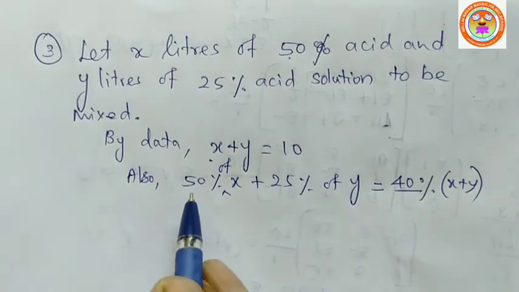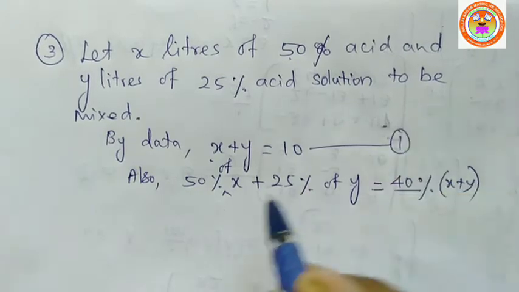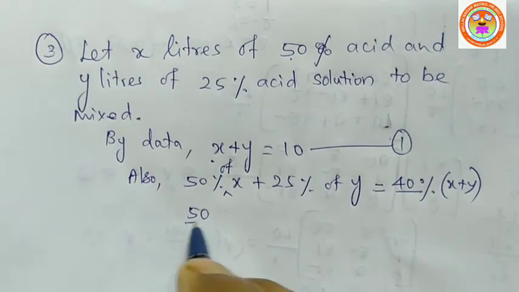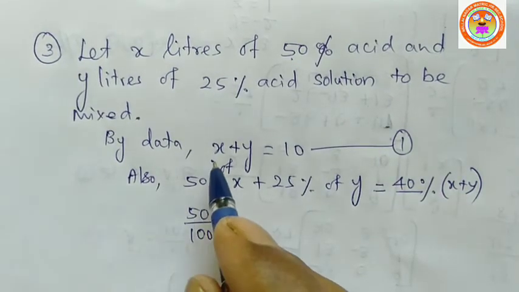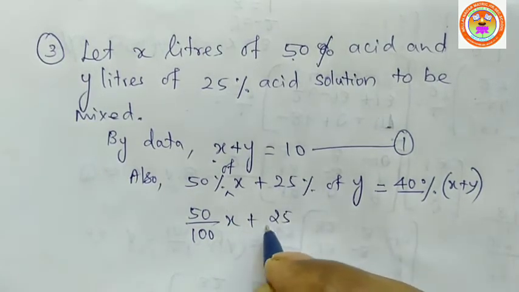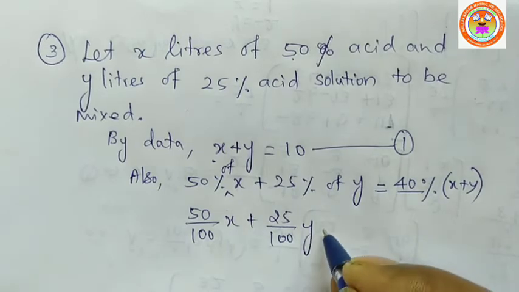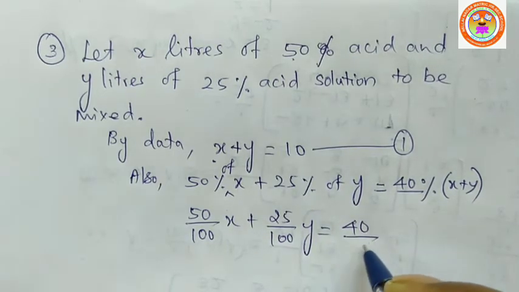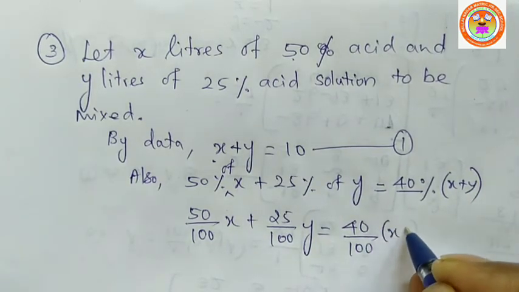So if we simplify the second equation, 50 by 100, that is 50% of x, plus 25% of y, which is equal to 40% of x plus y.